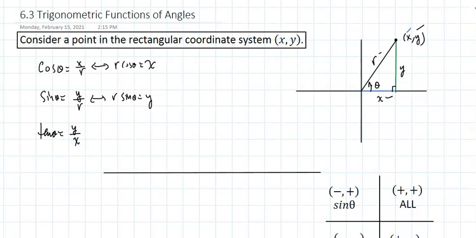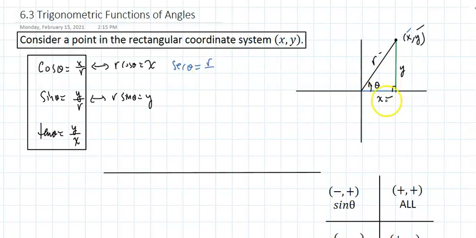Now, if I take the secant of theta, and if you remember, the secant was the hypotenuse over the adjacent, I notice that's the reciprocal of this. I notice that's 1 over x over r, which is 1 over the cosine of theta.